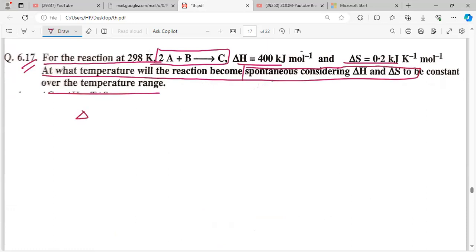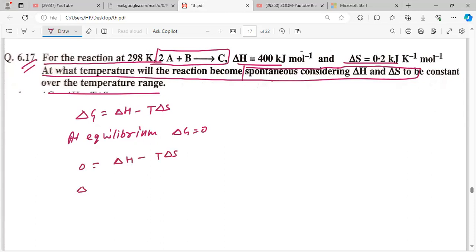So we write delta G is equal to delta H minus T delta S. At equilibrium, delta G is going to be 0. So 0 is equal to delta H minus T delta S, so delta H is equal to T delta S.